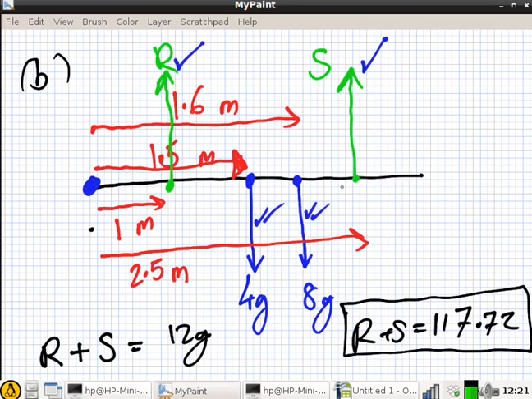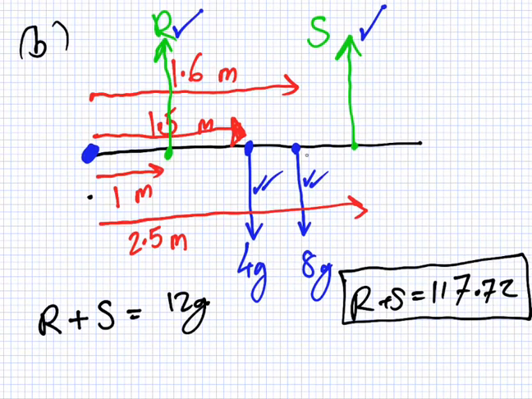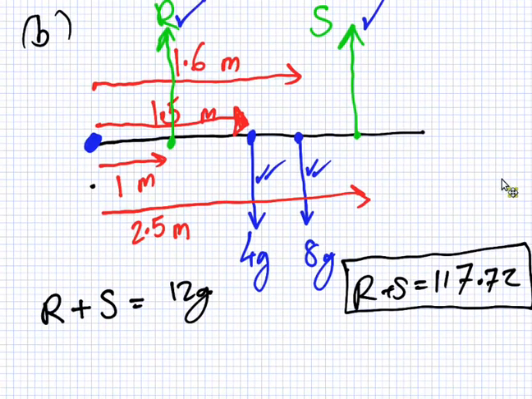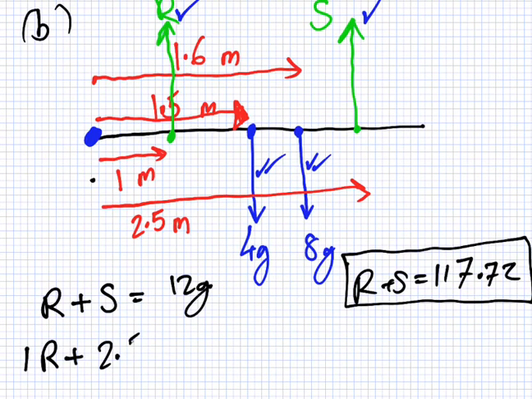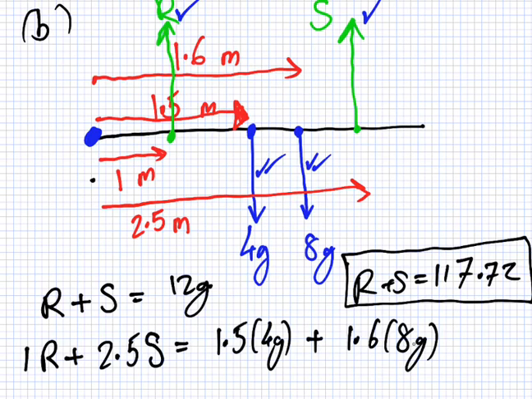Turning force. So we get now 1 R plus 2.5 S should equal 1.5 times 4G plus 1.6 times 8G.